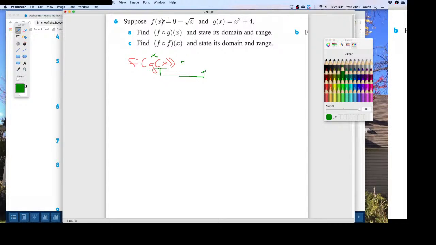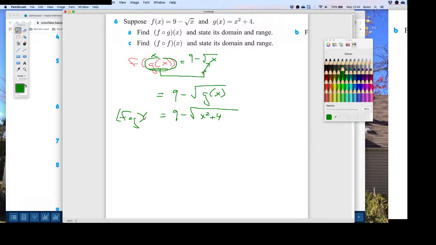So if my function f is 9 minus square root x, I want to take g of x and put it where I see this x here. So I go 9 minus the square root of g of x, and this is kind of the long way, so if you have a shortcut, don't worry about it. And what is g of x? It's x squared plus 4. So this is this FOG thing here. That's how you get that one.